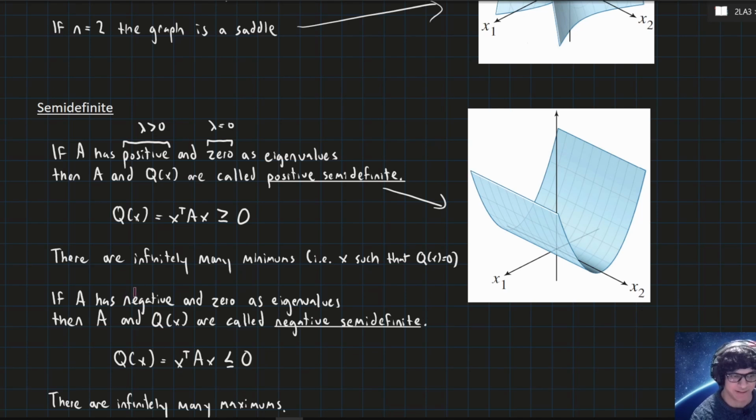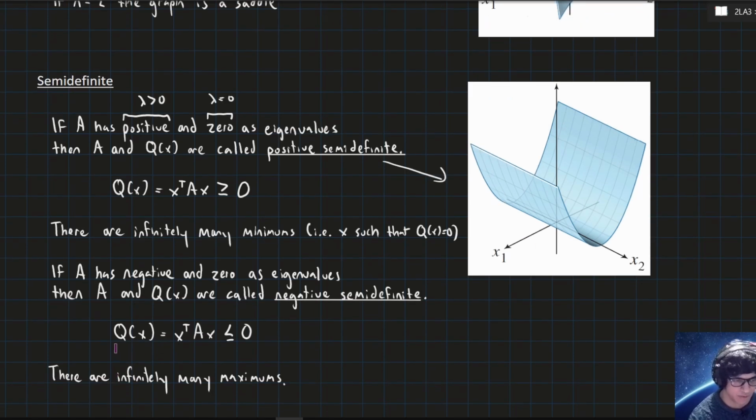If A has negative eigenvalues and 0 as an eigenvalue, we get negative semi-definite, the quadratic form is less than or equal to 0, and there are infinitely many maximums. I didn't have a picture for it, but it's just this flipped upside down.